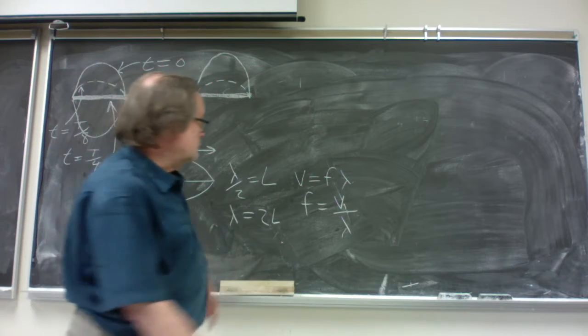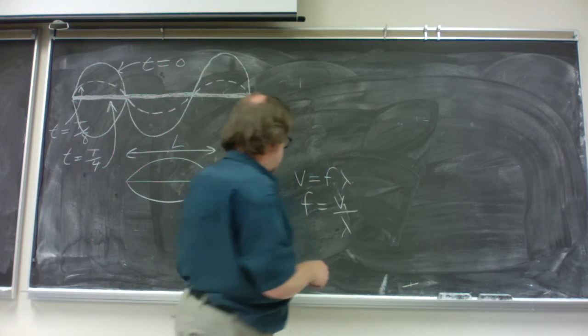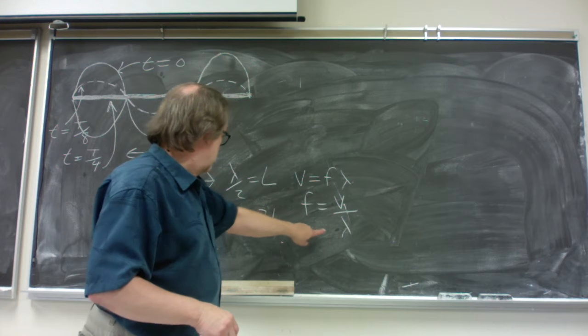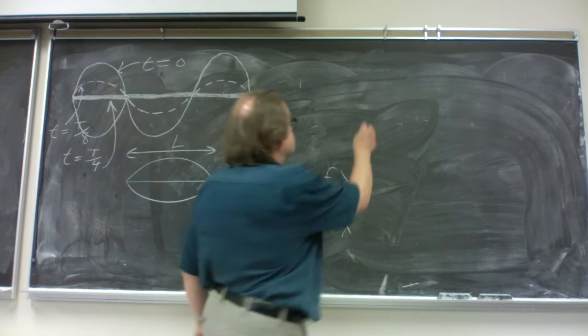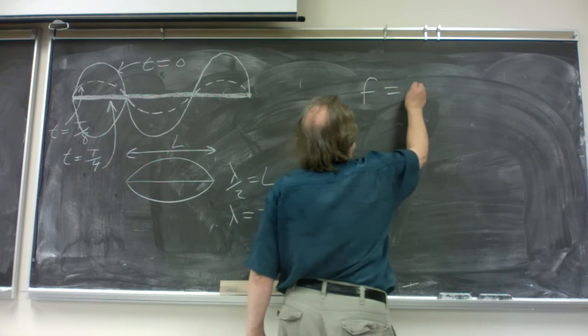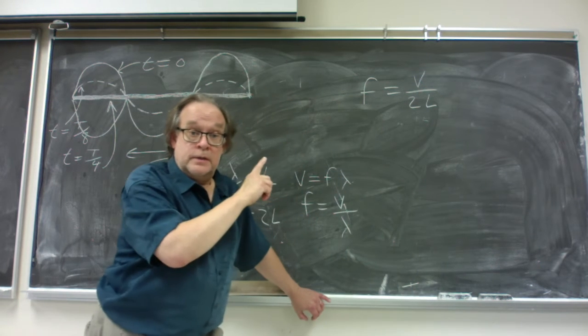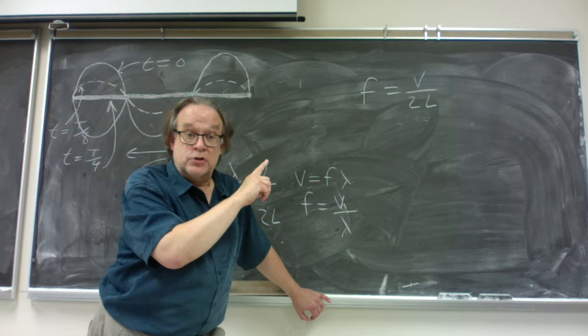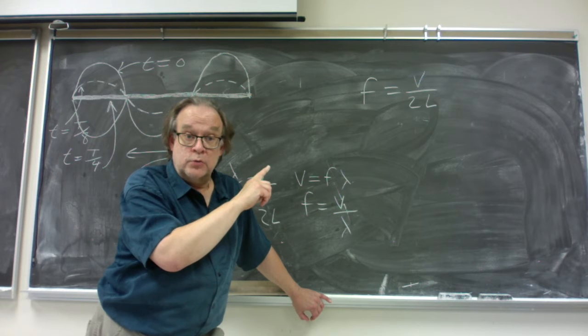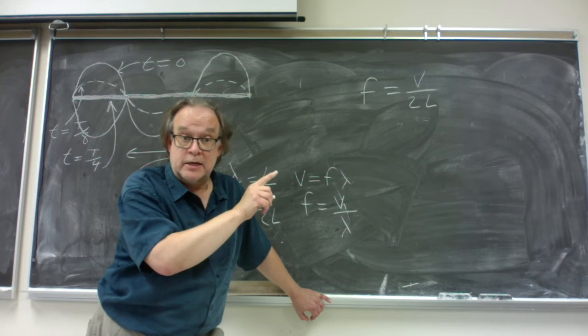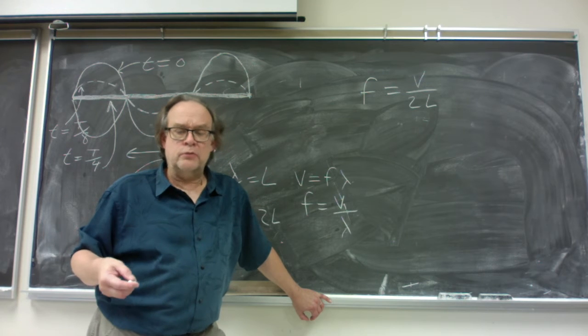So that frequency then is just wave speed over wavelength. Wavelength is 2L. That, as you'll see in a minute, turns out to be the lowest frequency at which you can shake the system and get a standing wave. So we'll call it frequency 1.